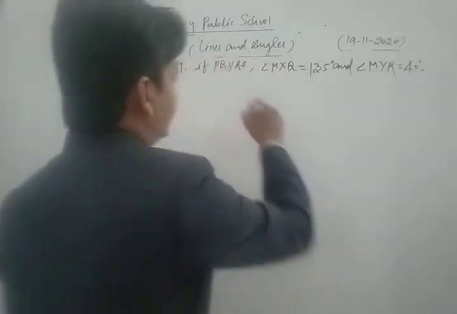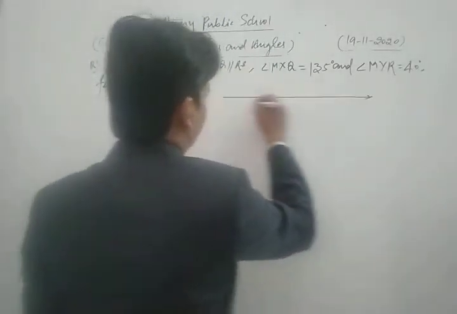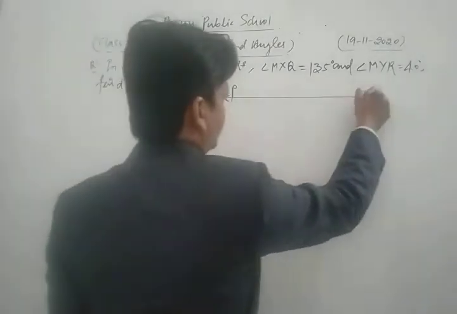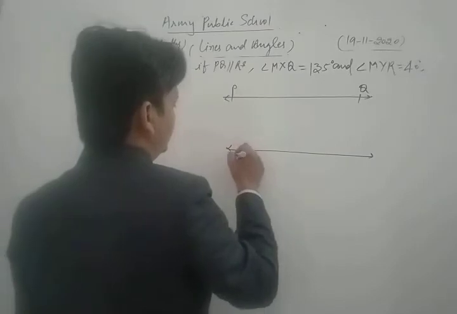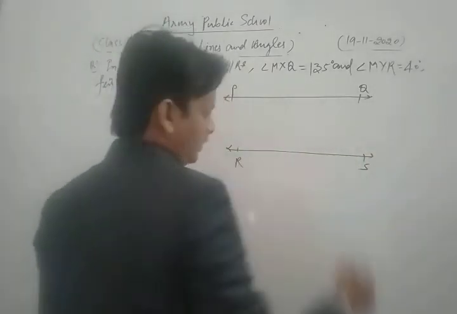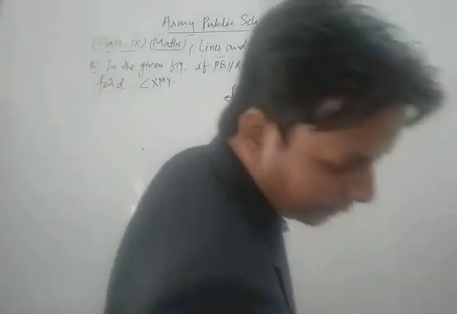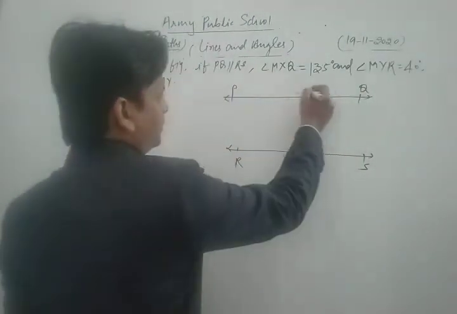And your figure is two given lines PQ and RS are parallel to each other. This is R, this is S. Okay, XM.